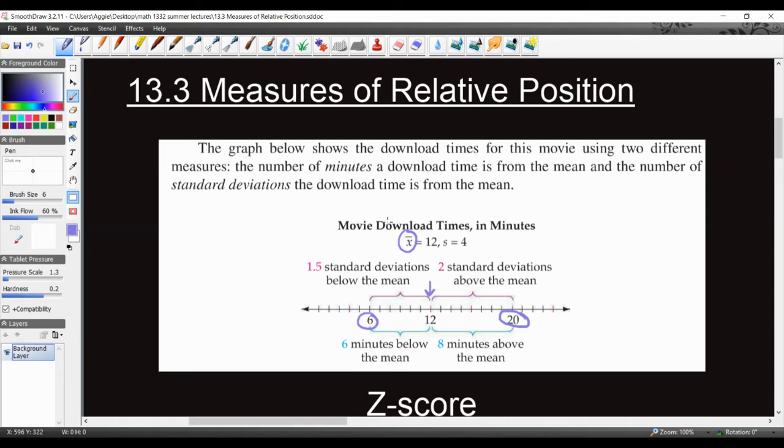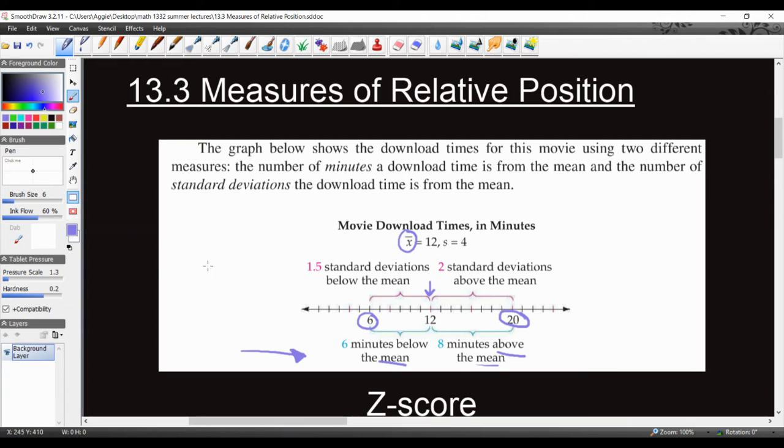So if you go by the minutes, you actually had a better deal, because yours was 6 minutes below the mean. Yours was way faster, and your friend was 8 minutes above the mean. So this is one way to measure the relative difference.